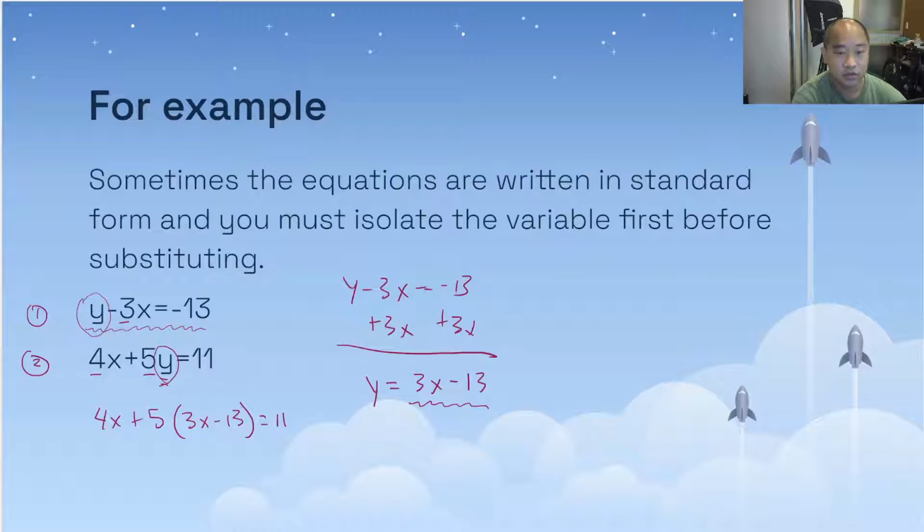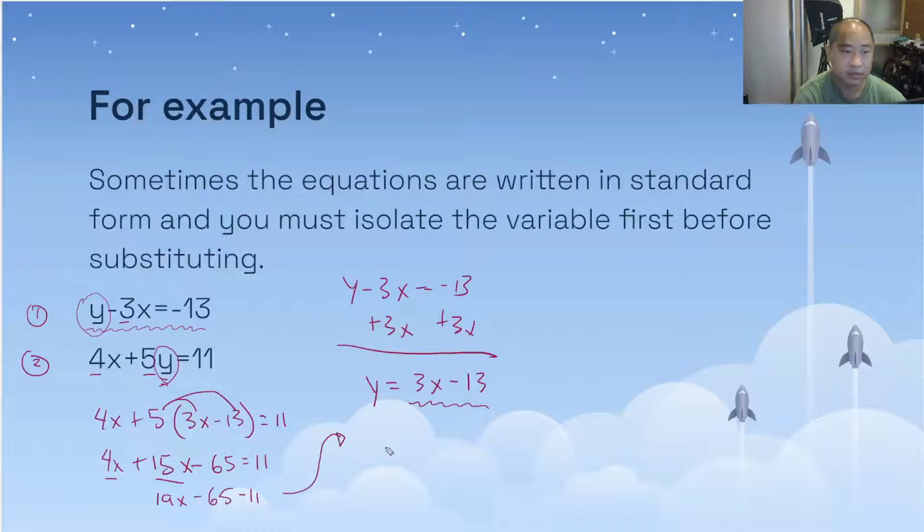All right, so now we can distribute this 5 into what is y here and get 15x minus 65 equals 11. Now we can combine like terms, right? 4x and 15x equals 19x minus 65 equals 11.